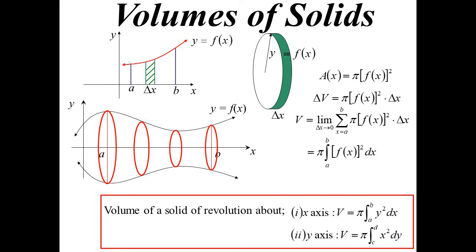If we go around the y-axis now, everything's in terms of y. So the limits would be in terms of y, and for x squared, we'd have to substitute in whatever x squared is in terms of y. How do we remember it? Very simple. If we're going around the x-axis, then we know we need it in terms of x. If we're going around the y-axis, then we need it in terms of y.